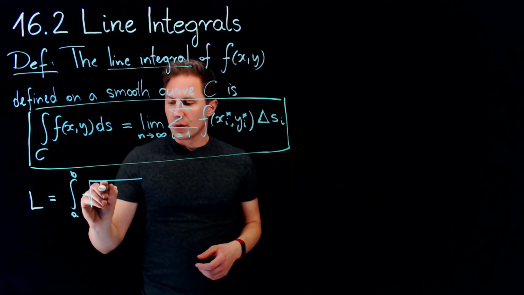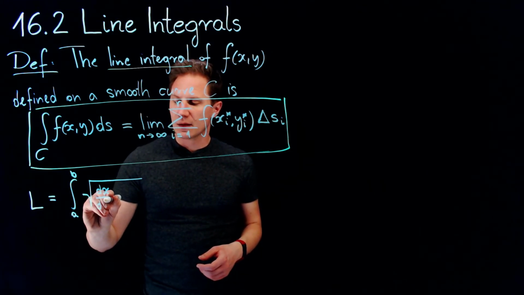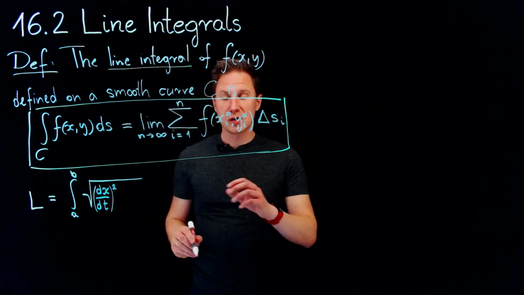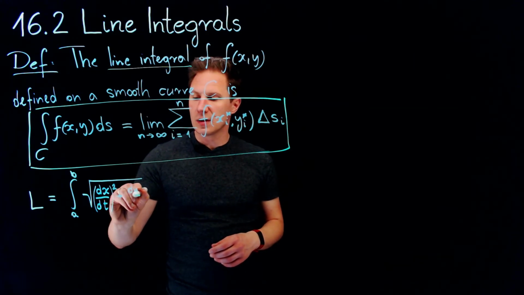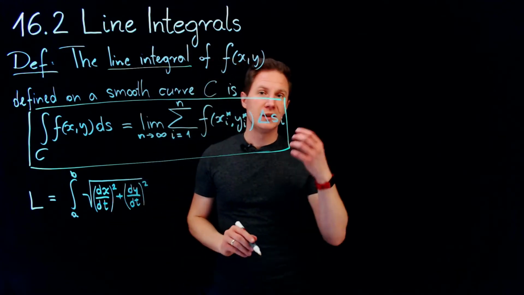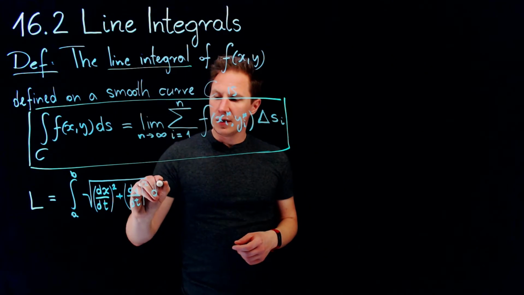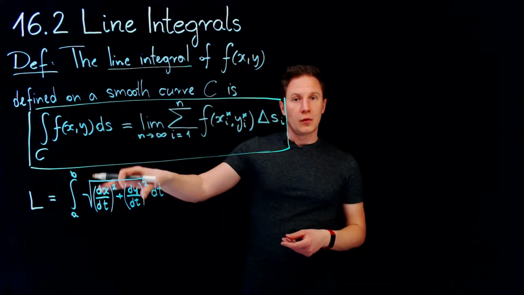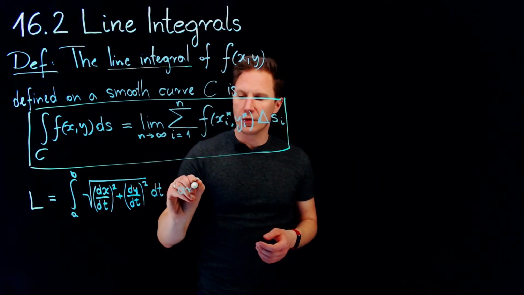For us, this means that we take the components x(t) and y(t), differentiate them with respect to t, and take the sum of their squares under the square root. So that's the length of the derivative of r(t), and we integrate that with respect to t from a to b. That's the arc length formula, which we've seen before.